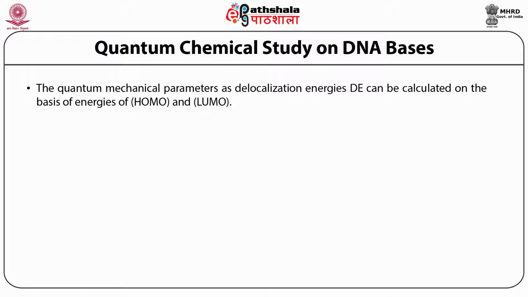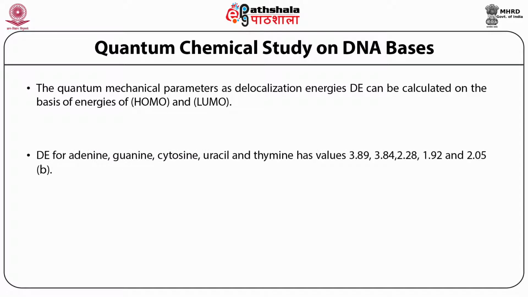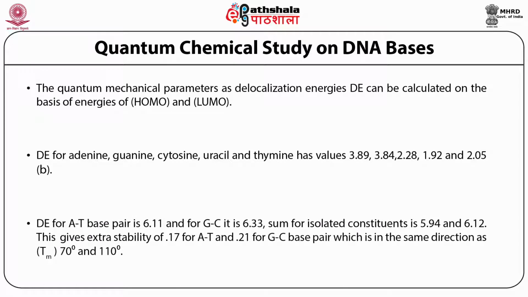For example, dE for adenine, guanine, cytosine, uracil and thymine was calculated to be equal to 3.89, 3.84, 2.28 and so on. dE for AT base pair was found to be 6.11, whereas for GC it was 6.33. The sum of isolated constituents was 5.94 and 6.12.